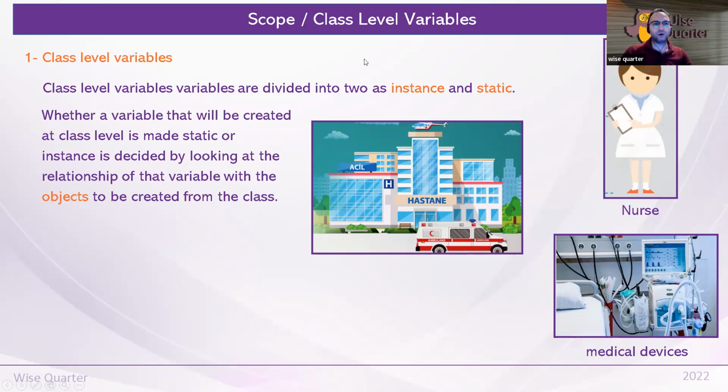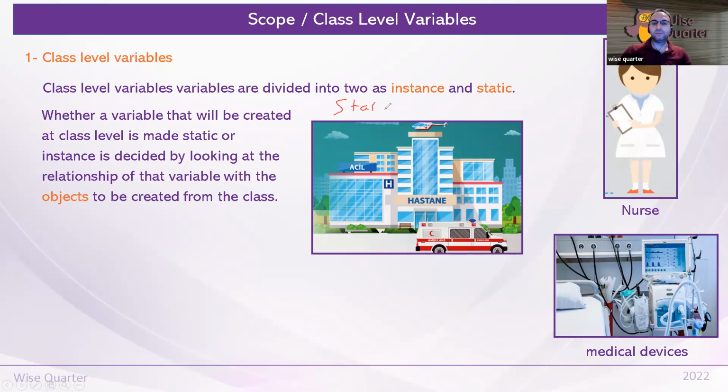Let's say this is Star Hospital. The name of the hospital is Star. So if I ask a nurse, hey, what's the name of your hospital? She will say Star. If I ask a doctor, it will be the same for him too. It will be Star. And staff and personnel will give you the same answer.